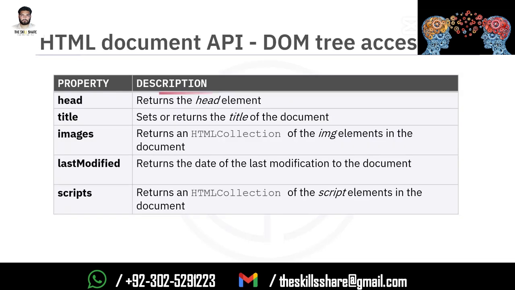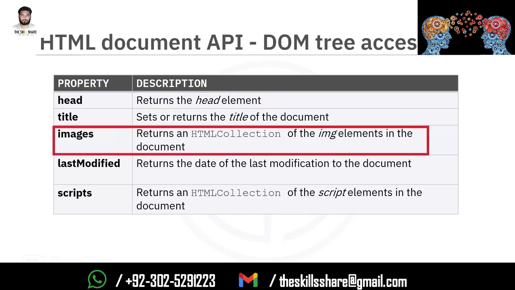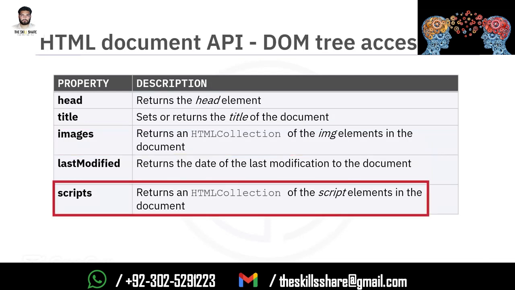For example, document.head returns the first head element that is a child of the HTML element, if there is one, otherwise null. The function document.images returns an HTML collection of the image elements in the document. The function document.scripts returns an HTML collection of the script elements in the document.